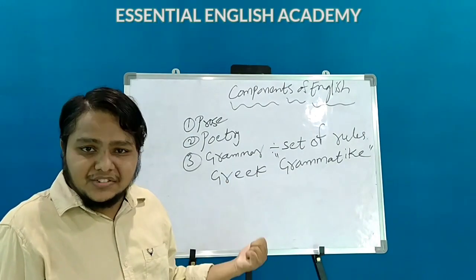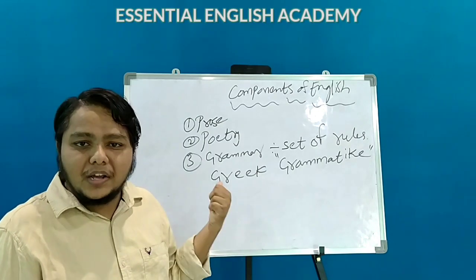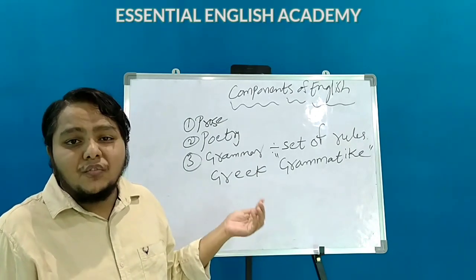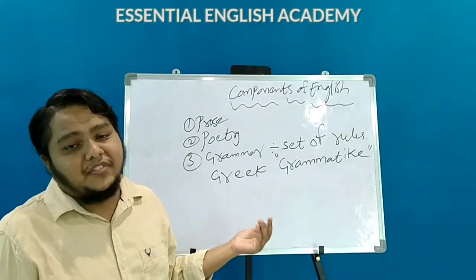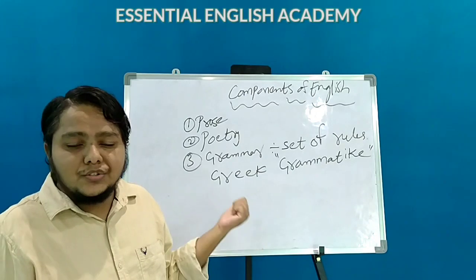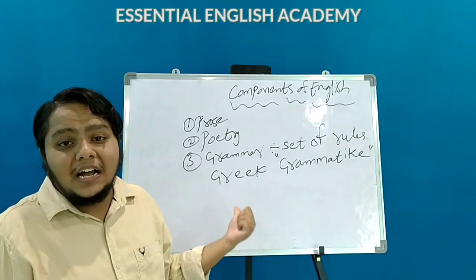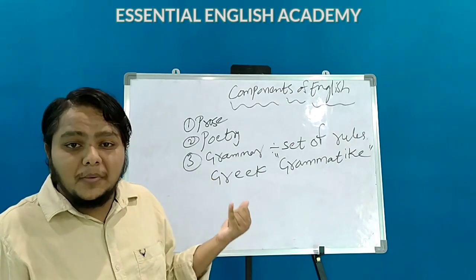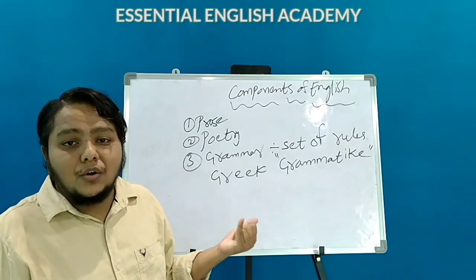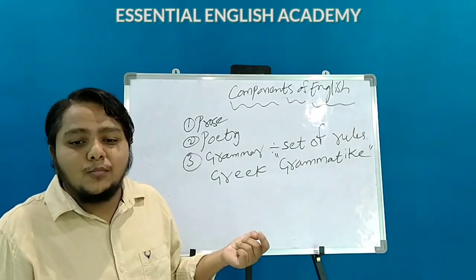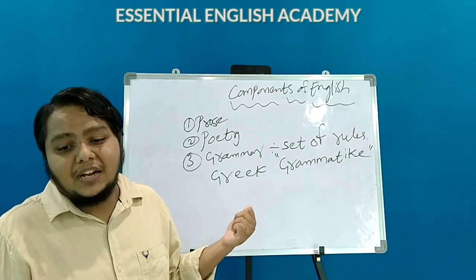If you want to run an institute, a school, a college, or whatever else you want to run, you should have rules, because only if there are rules will it function properly. In the same way, the English language has some basic rules. We call them phonetic rules, syntactic rules, and semantic rules, and moreover there are many rules in the English language.